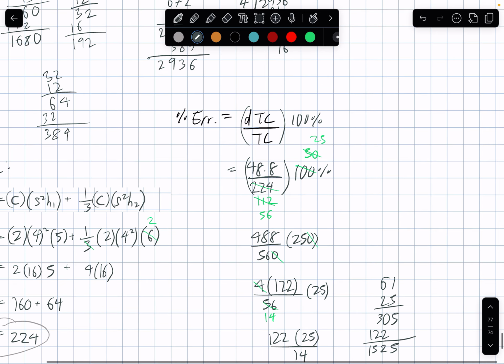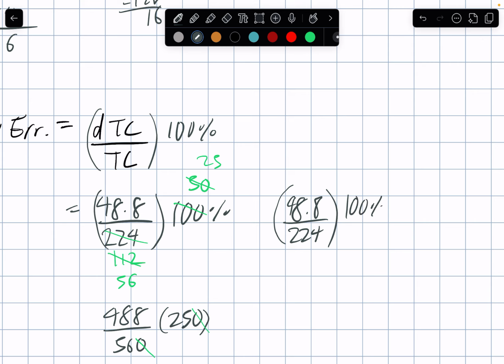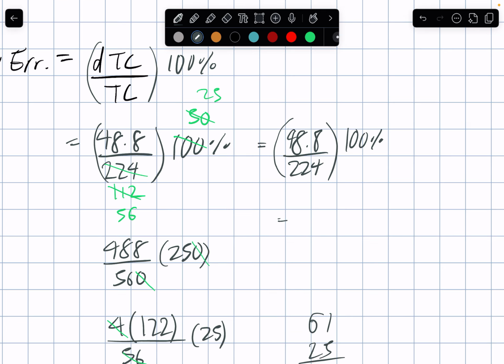Can we recalculate? So we started with 48.8 over 224. By the way, this is just for the manual calculation. If you are allowed to use a calculator, then this already is the answer. You don't have to watch this part anymore. It's just a waste of time. But we are simulating how we will solve the entire problem manually.